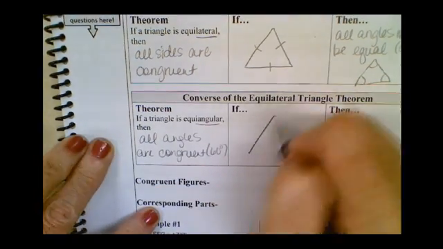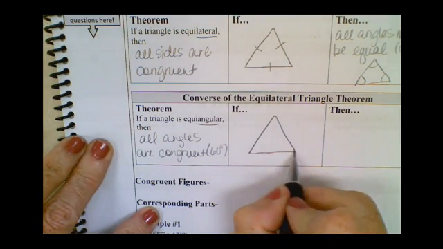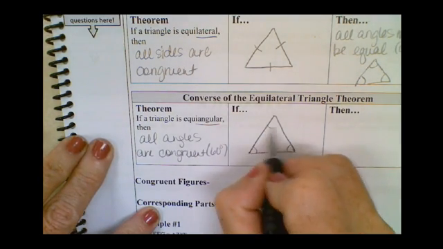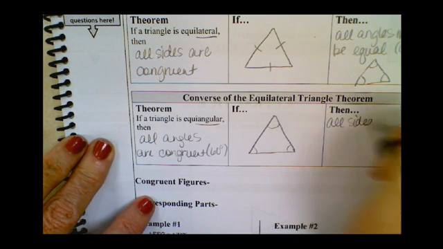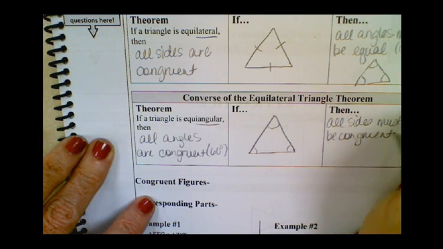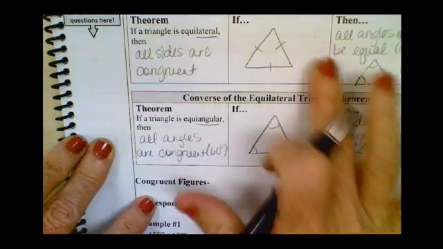So, if I'm given a triangle where all of my angles are equal, then it makes sense that all the sides must be equal, must be congruent, because they're all directly across, so it's just the inverse of what we had up there.